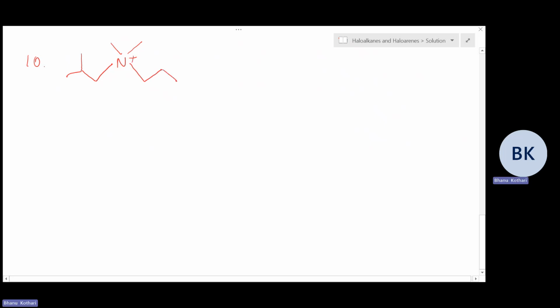There will be a plus charge, I minus. This will be the quaternary ammonium salt that forms.